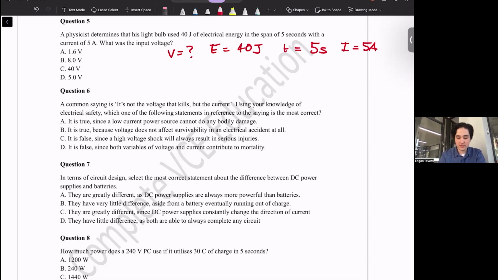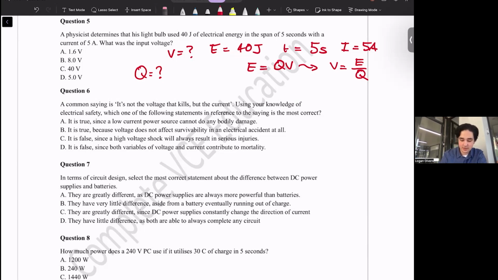So we first want to determine the charge. Why is that? The reason for that is going to be twofold. There are two formulas. E equals QV. Or maybe more precisely, for our purposes, V equals E on Q. We know what E is because we know it used 40 joules, but we don't know what Q is.